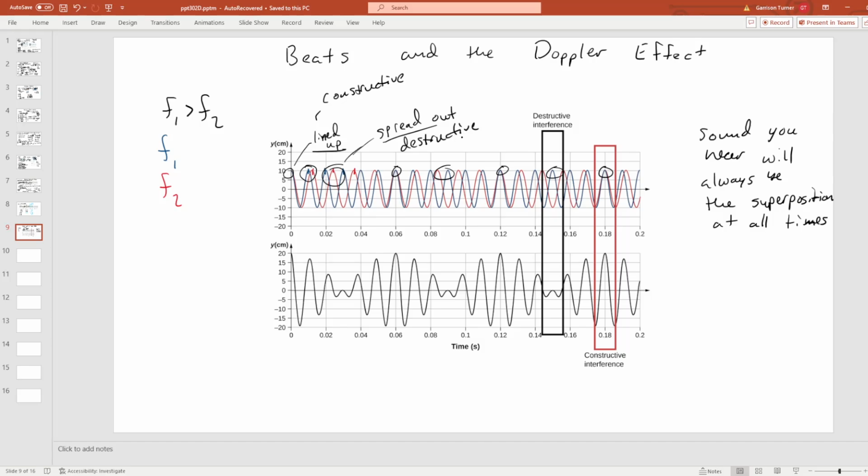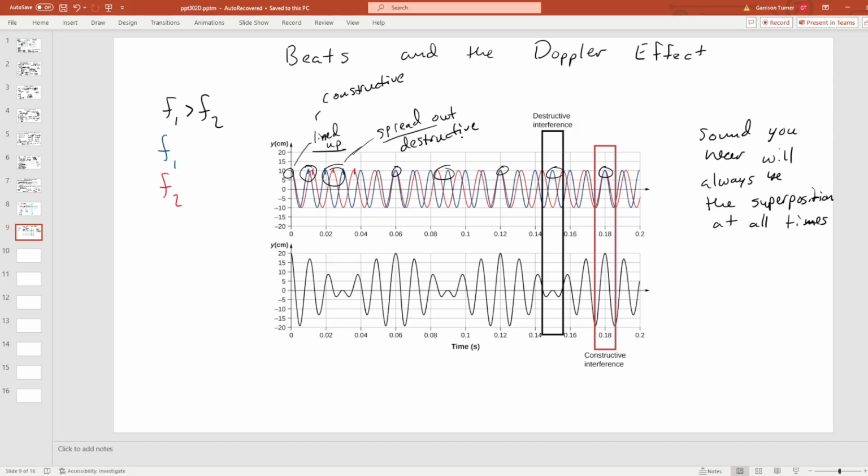Your signal will modulate between a higher amplitude when the signals line up and a lower amplitude when they destructively interfere. Your signal might not ever go to zero if your signals have different amplitudes.